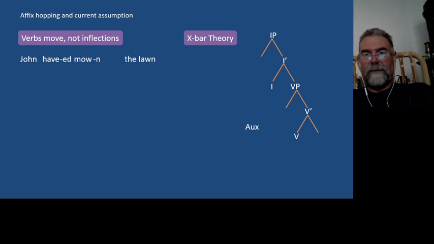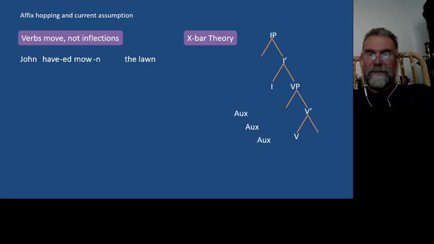The other reason we don't want to put anything into that position is, well, there's already something there. The specifier of the VP, as we've been arguing just recently, is exactly the place where we find arguments. If the verb is an agentive verb, then it'll be the agent there. If it's a main verb, then it'll be the theme in that position. So there's always going to be some argument in that position, and again, you can't therefore fill it.